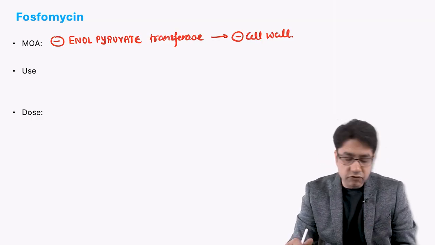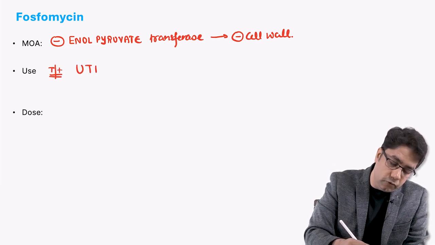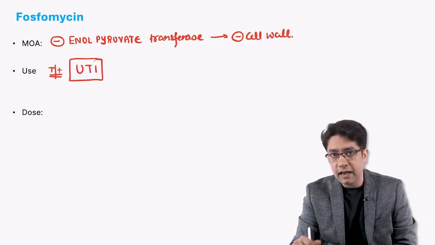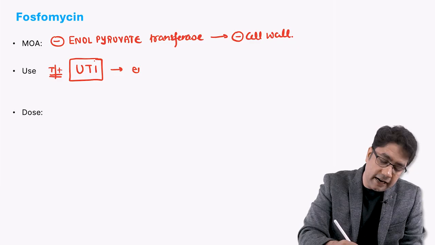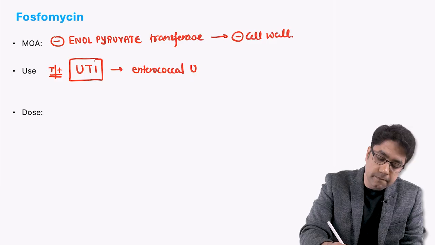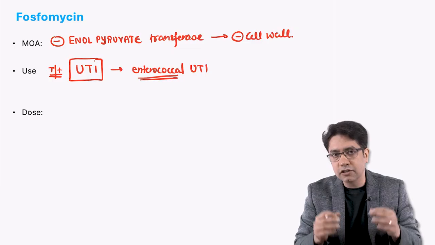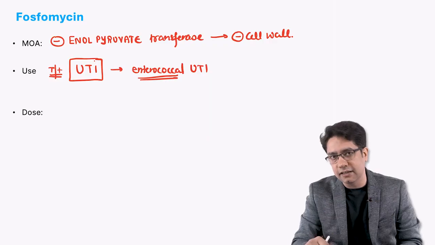The use of fosfomycin is that it is given for the treatment of UTI. UTI stands for urinary tract infection, and especially it is given for the treatment of enterococcal UTI.